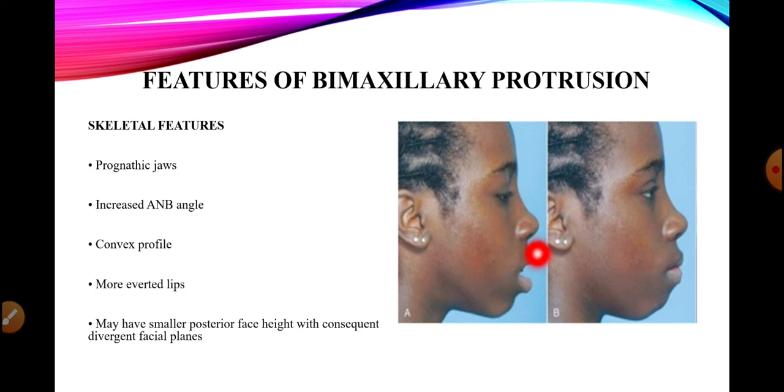More everted lips will be seen in cases of bimaxillary protrusion with incompetency. When the patient tries to bring the lips together, we can see a strain at the mentalis muscle. Similarly, a steep mandibular plane angle can be seen.